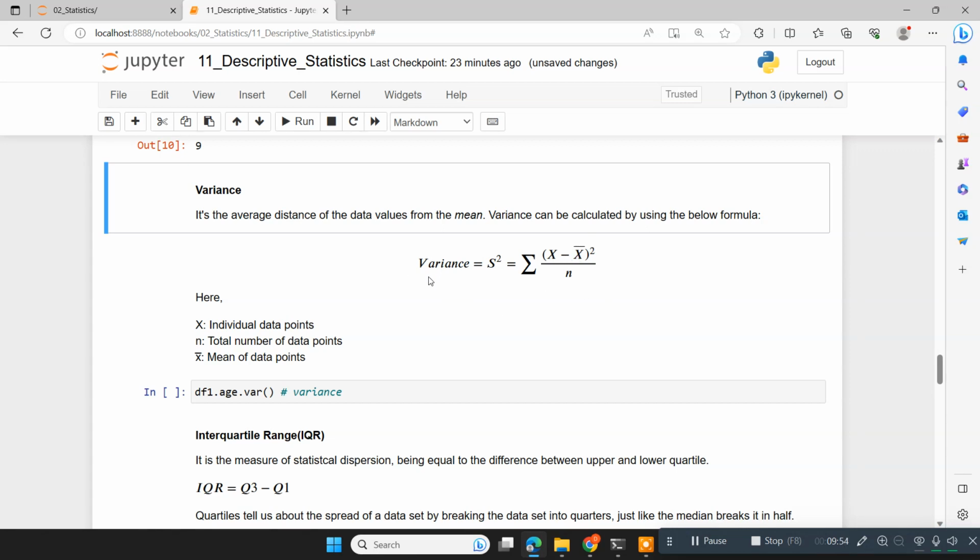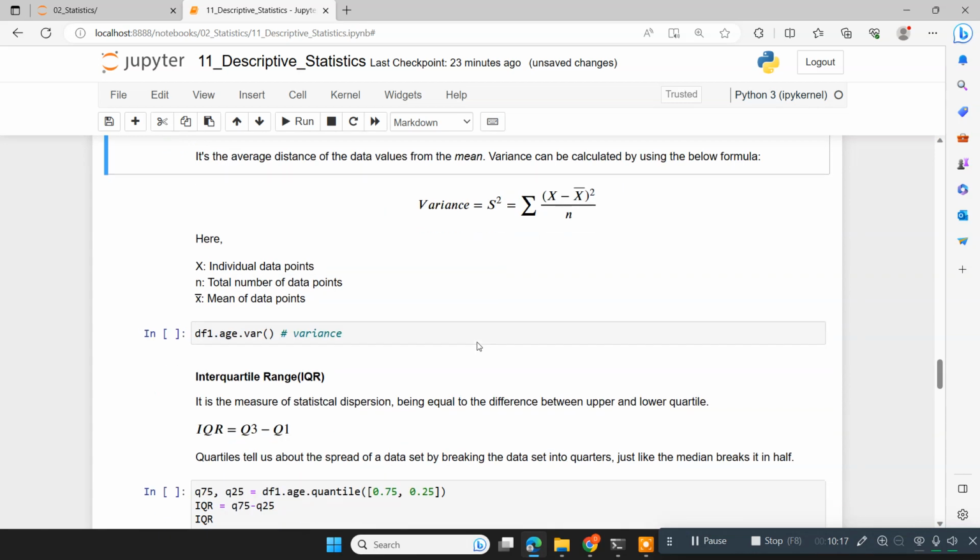We can calculate like this: variance, which is denoted by s square, is equal to the sum of x minus x bar whole square divided by n. So what is x here? x is the individual data point from the data set, x bar means average, the mean, and n means the total number of samples, the total number of rows.